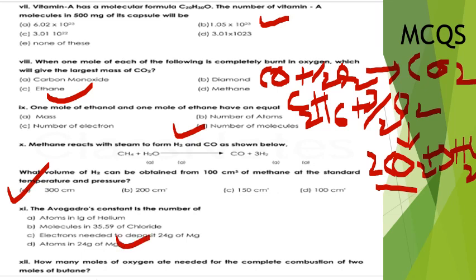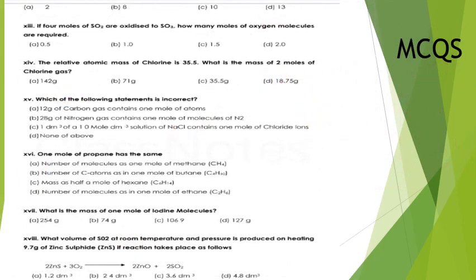The next one is how many moles of oxygen are needed for the complete combustion of 2 moles of glucose. Now, 1 mole of C4H10 when burned in air needs how much oxygen? The answer is 13. For this, you have to write a balanced chemical equation.